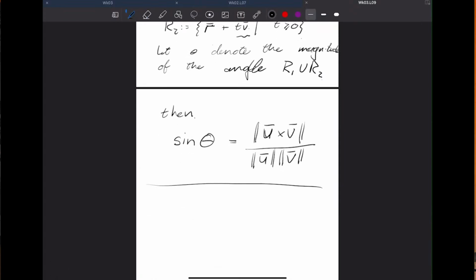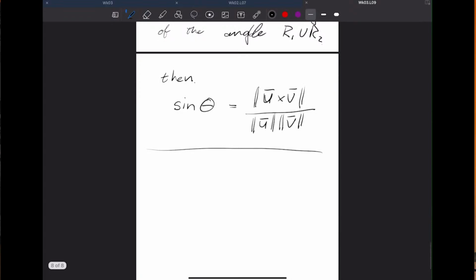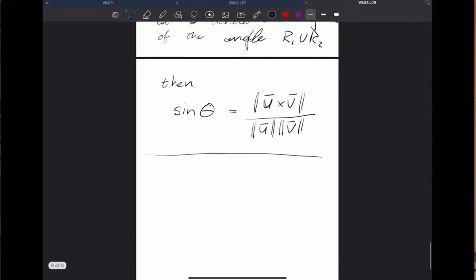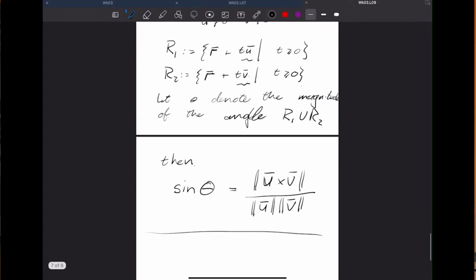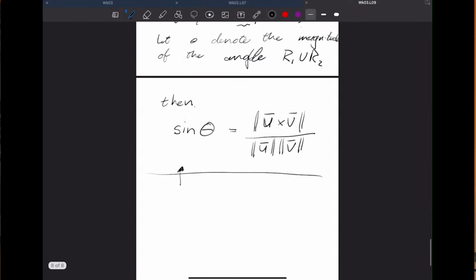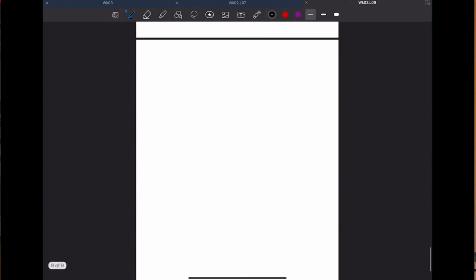And we will not prove this, but it is useful for us to note that this is actually true. And again, let me reiterate, if you're doing physics, then it is likely that you will encounter this identity somewhere in physics.